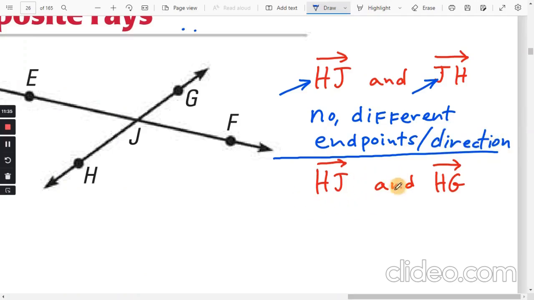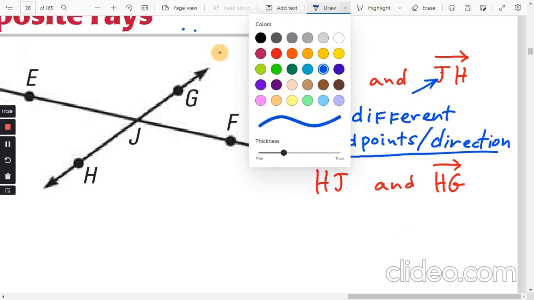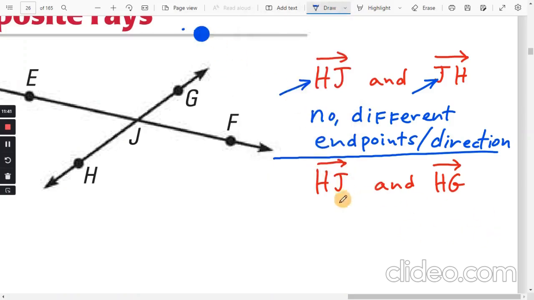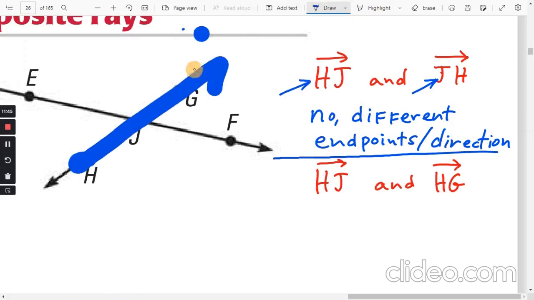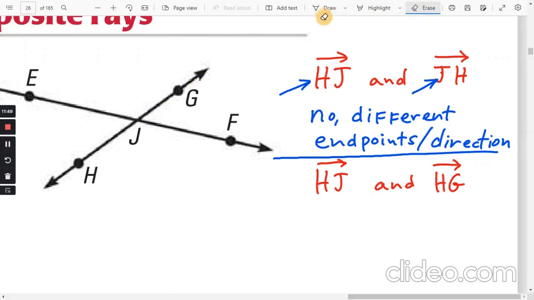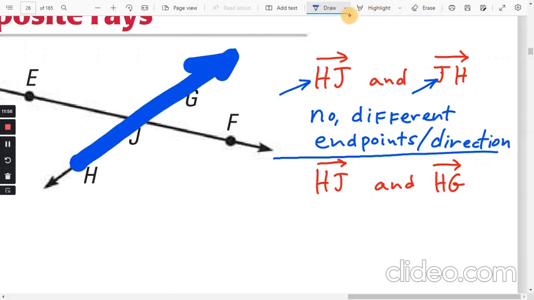Okay, let's look at HJ and HG. HJ starts at H and it goes forever toward J. And then if you do HG, HG starts at H and it goes forever toward G. Okay?